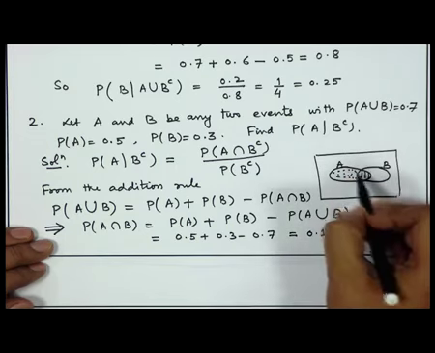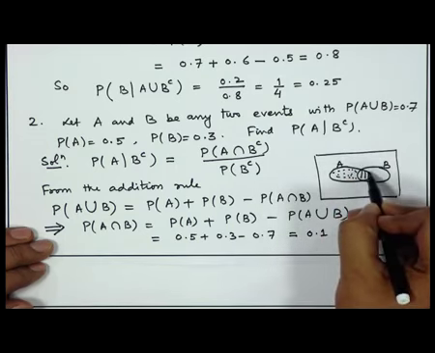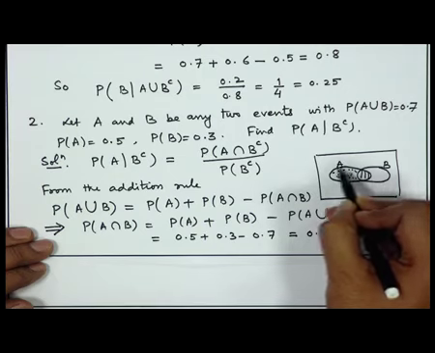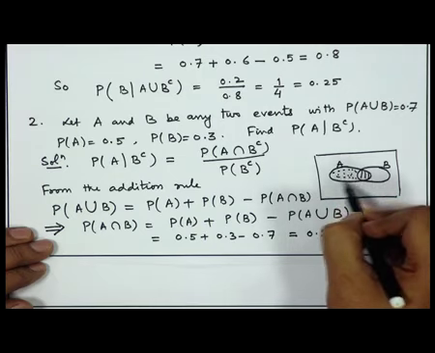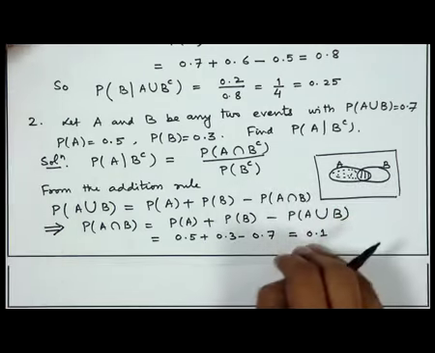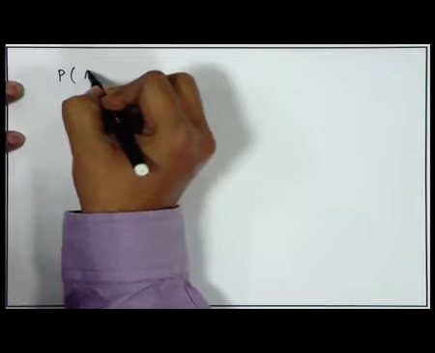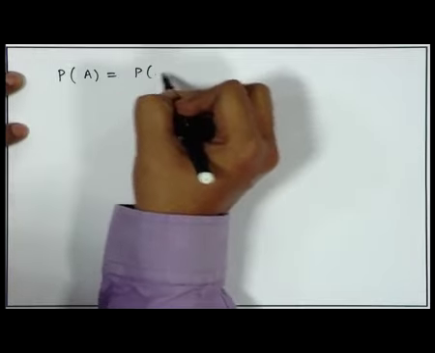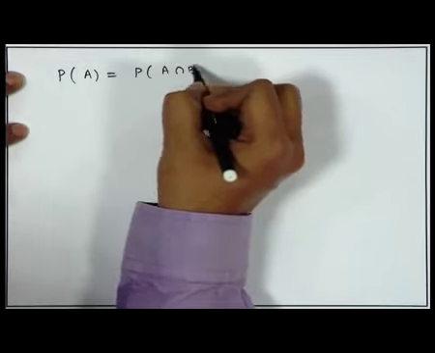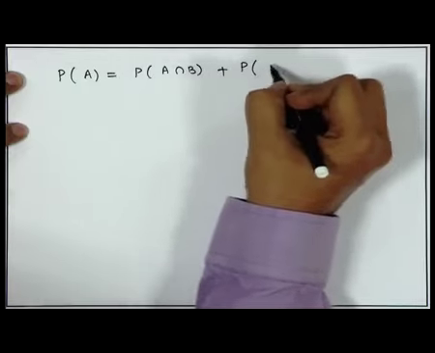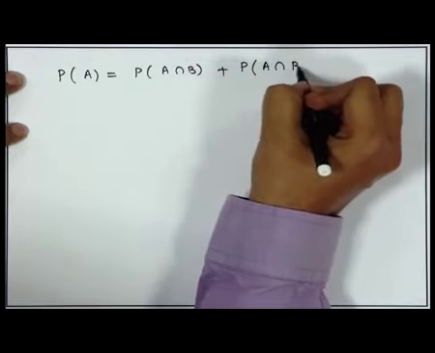So, now since the probability of A is given to me, we can calculate the probability of A intersection B complement by taking the difference. So, we use another formula now, that is the probability of A is equal to probability of A intersection B plus probability of A intersection B complement.